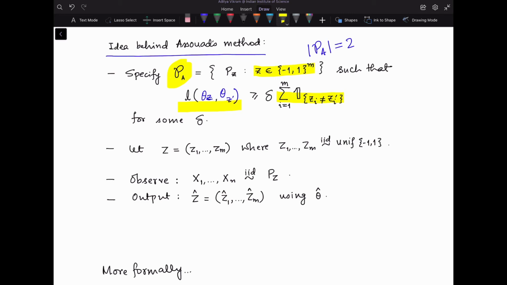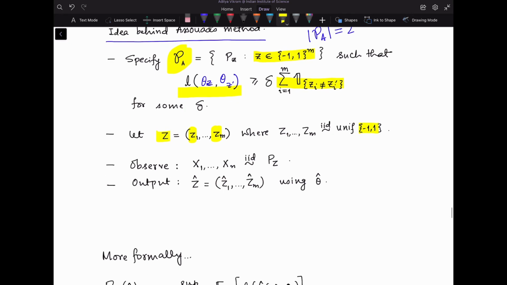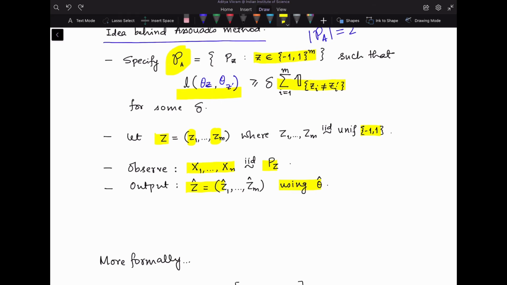Now we have the usual thing where we generate z uniformly from among these 2 power m hypotheses. Okay, and we can do that by choosing each of these coordinates z1 to zm uniformly at random, plus minus 1. Now once we have z, we output x1 to xn, n samples IID from pz, and based on these samples, we will output a z hat using our estimator theta hat.